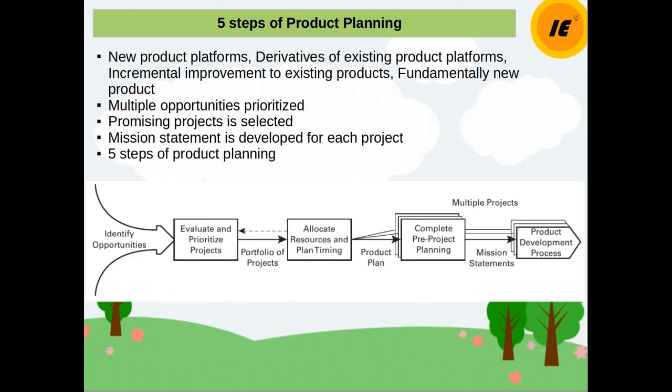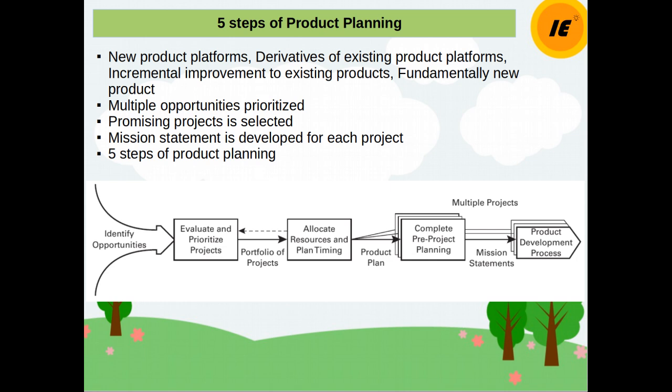So now before delving into the kernel of understanding product planning, it would be important to know various different types of product development processes. I mean, each product development project may not be of the same kind.